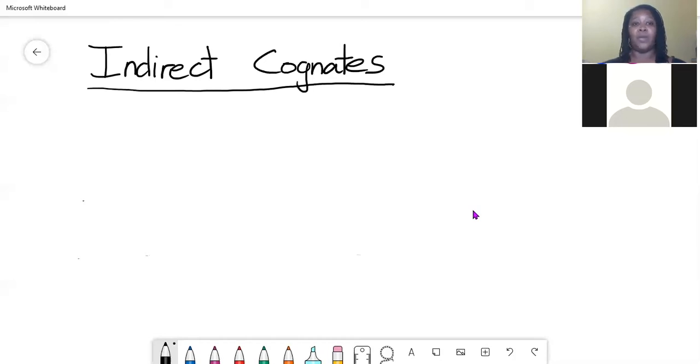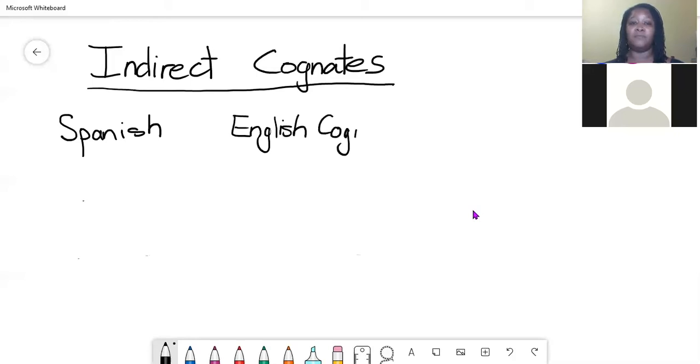So what we're going to do here is put 3 columns. We're going to have our Spanish word. We're going to have our English cognate, which is the word that you are looking to see what the connection is. And then we're going to have our English meaning.